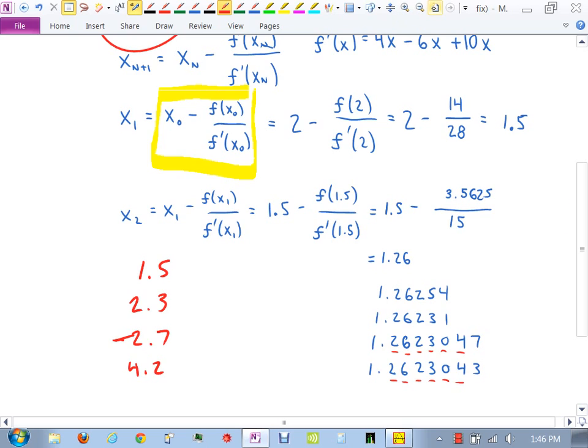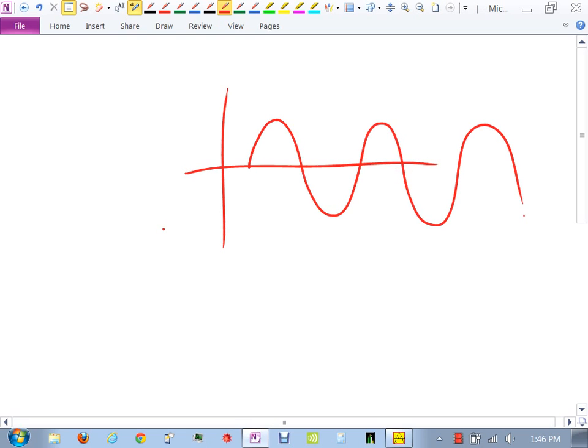Because you can take a function like, let me see, a good example might be a sine function like this. And maybe you're trying to find this x-intercept right here. So you pick an initial point over here, right? So that tangent sends you down here. That gives you this point.